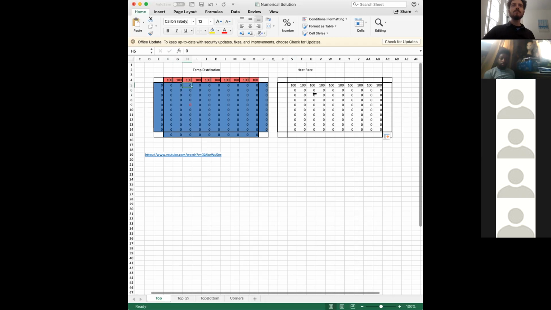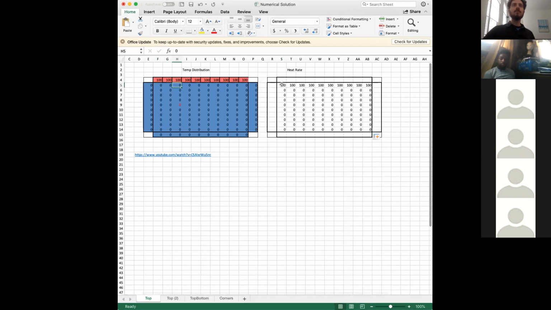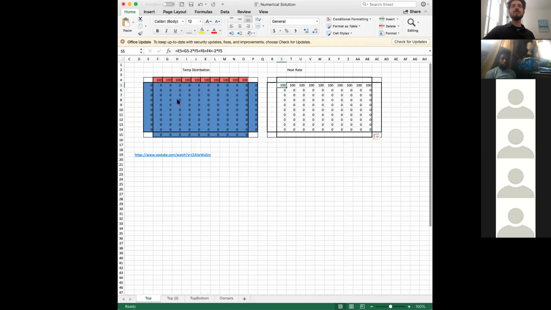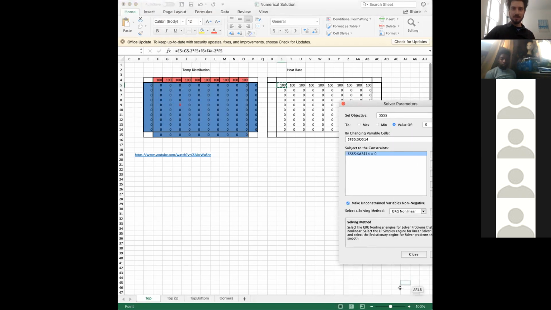Okay. So for this to be steady state, we're interested in what the temperature distribution is going to be when you've got steady state conditions. We want to force those conditions, and to do that, we have to set this energy balance everywhere to be 0. So I'm going to go to Tools, Solver, and this works on both PC and Mac. Oh no, now I have to share my solver window.